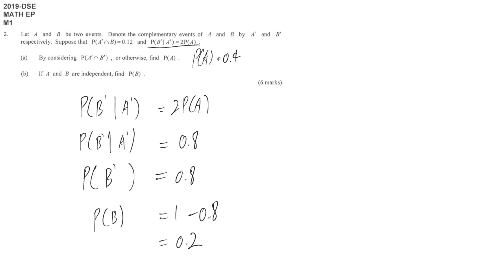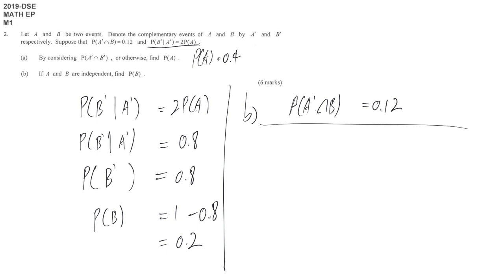If you do not notice that, fine, maybe you can start working from this one. We get this one equal to 0.12 and see whether we can get P(B). Something which is related to this is P(not A and B) together with P(A and B).